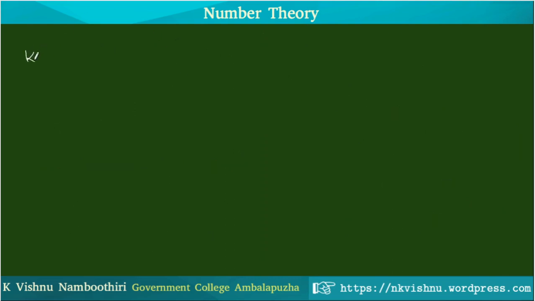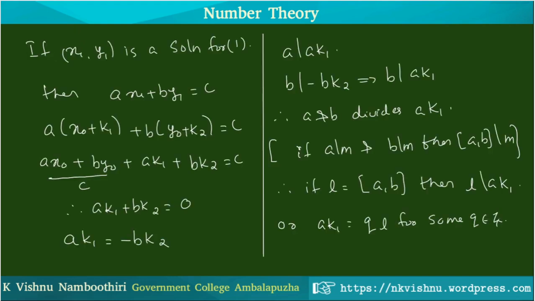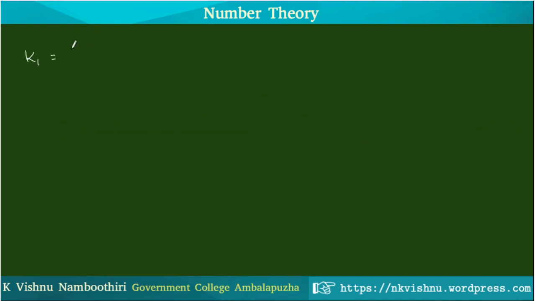Now we have to find k1, because a is known, b is known, therefore L is also known. So k1 is equal to q into L by a.